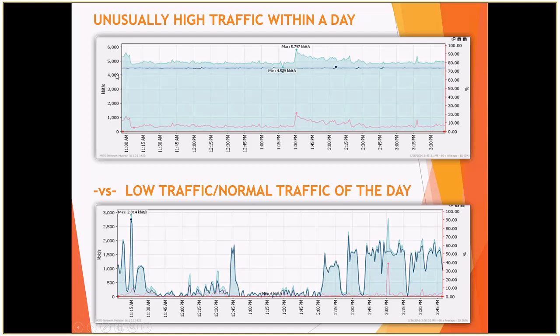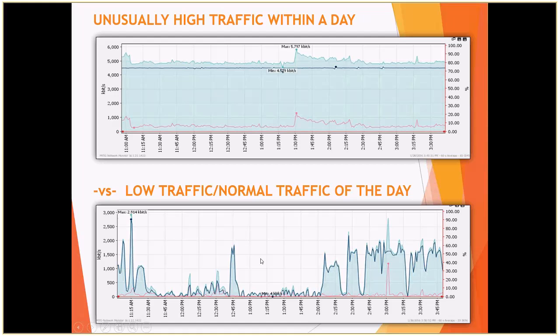So around 50 to 60 meg of traffic, and they're currently utilizing that, and that's very high because it's consistent from 11 a.m. until 3:30 p.m. And so that's very high traffic within the day.